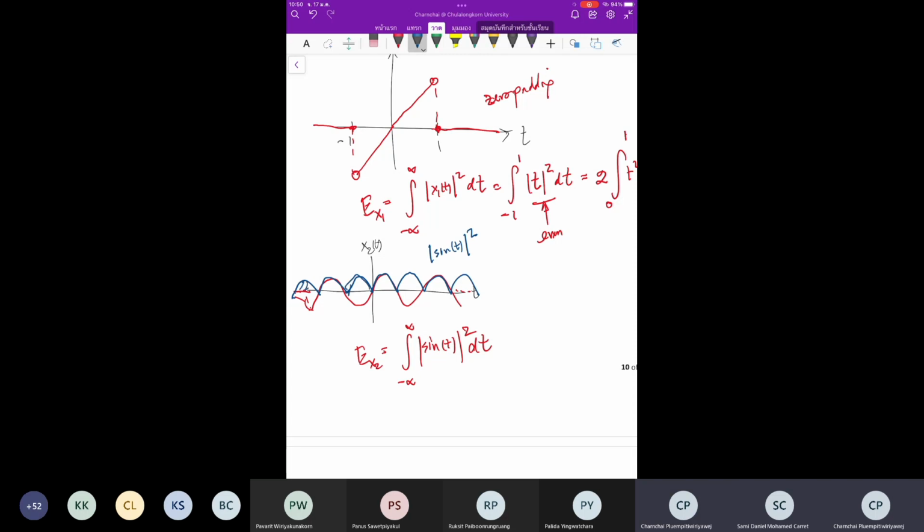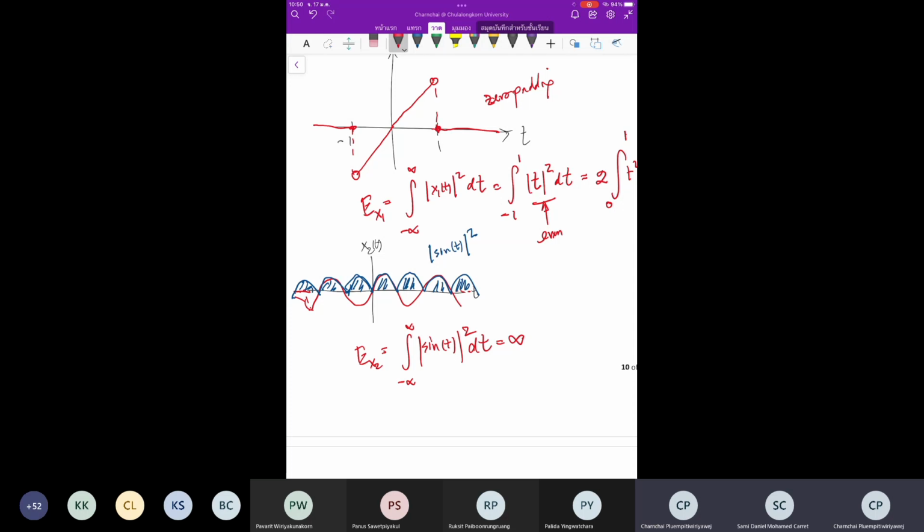If you integrate from negative infinity to infinity, you can see that it all has positive area underneath. So what do we have for this one? Integrating sin squared t from negative infinity to infinity, it's infinity. You got infinite area, so definitely it is not an energy signal.